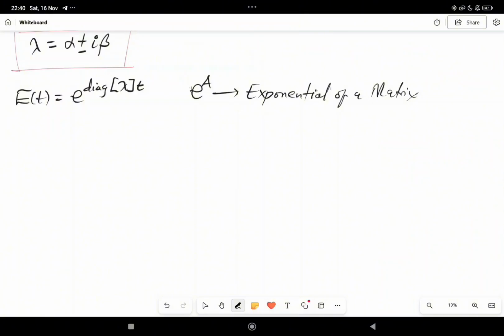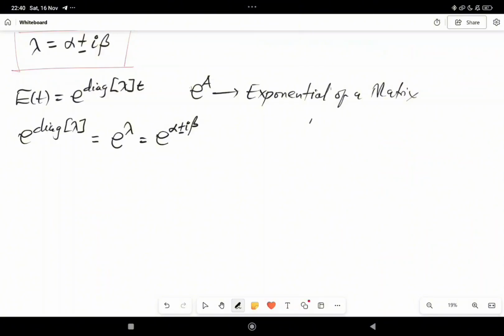Now, what we are actually going to find is E of the diagonal of the lambda, which is given by E raised to the power lambda. And we said our lambda is given by alpha plus or minus I beta.